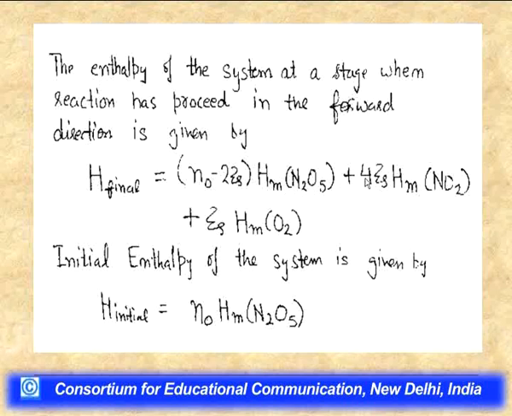plus we need to add the number of moles of nitrogen dioxide, multiplied with its molar enthalpy. So it is the enthalpy contribution of nitrogen dioxide present after time t, and there was ξ mole of oxygen present after time t.